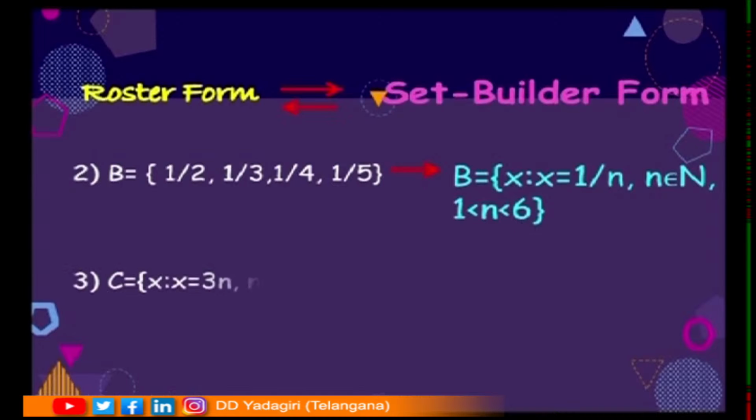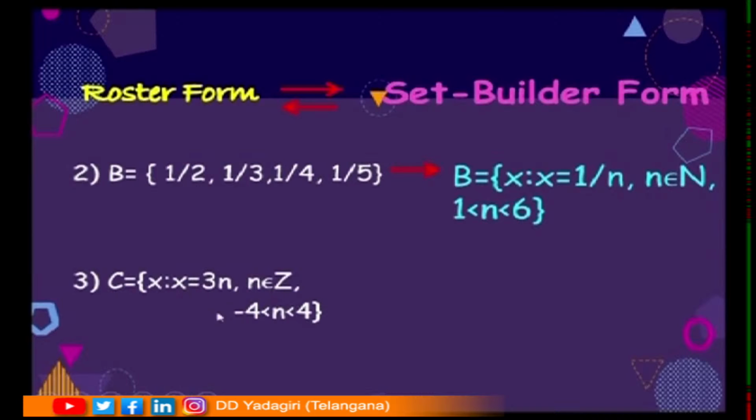If I have to convert from set builder form to roster form, that is, I am given a set C of all x such that x is equal to 3n and n belongs to integers and n is greater than minus 4 but less than 4.